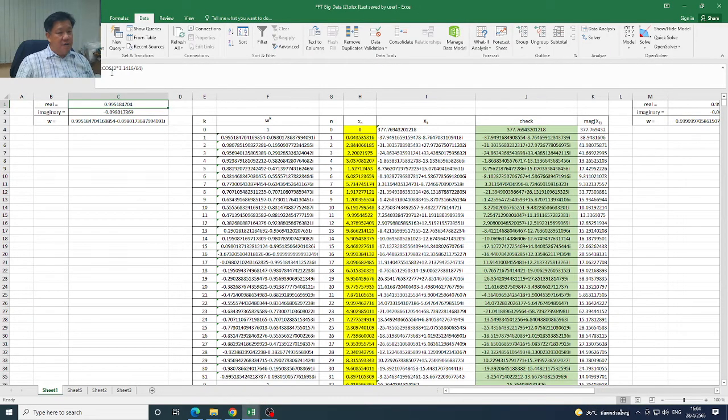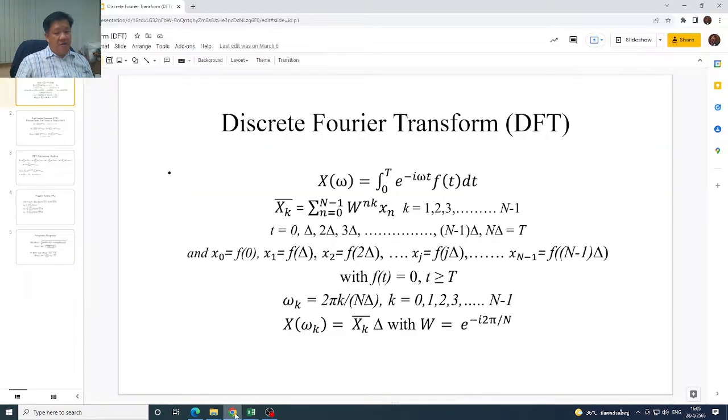The real part is cos 2 pi, and we just approximate pi as 3.1416, divided by n. You have 64, the number of data. And this is the imaginary part, sine 2 pi divided by n, but you need a minus sign here because in the original notation you have minus i here.